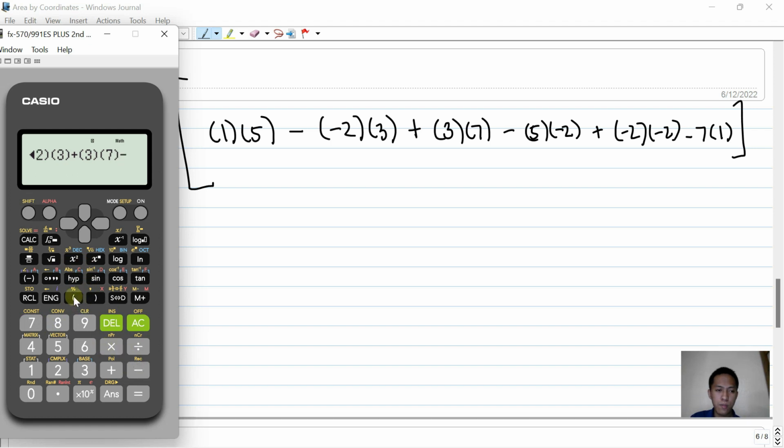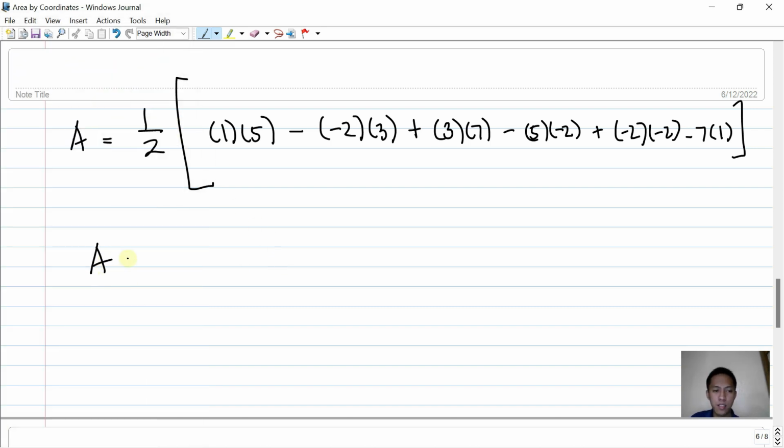So minus, you have here 5 times negative 2. And we have plus negative 2 times negative 2. Then we have minus 7 times 1. That is 7. Okay. So just press equals and it will give you 39 over 2 or 19.5. Okay. So we have the area as 19.5 square units.